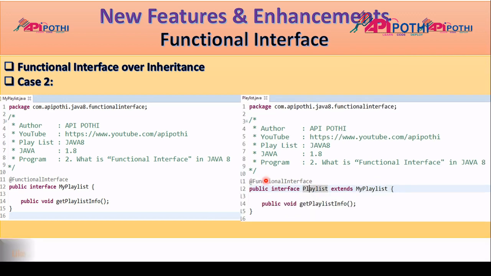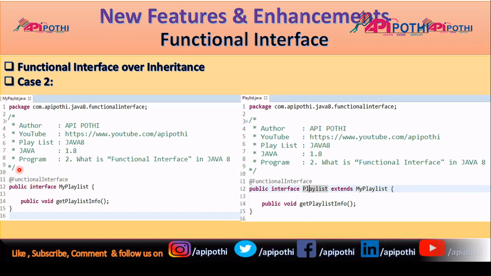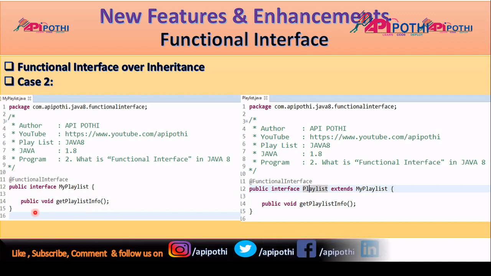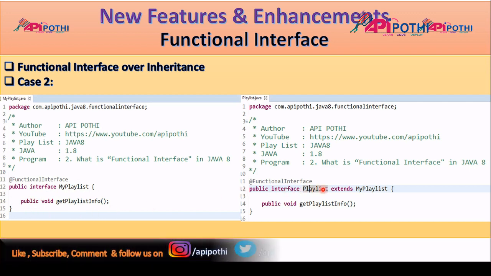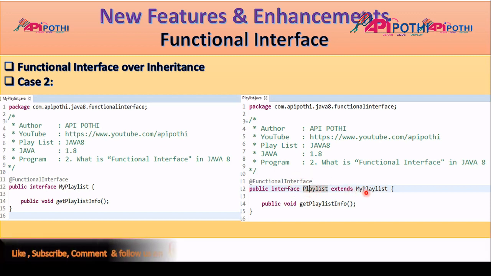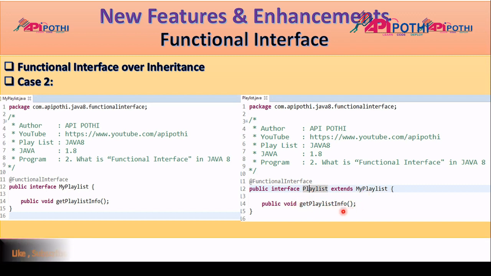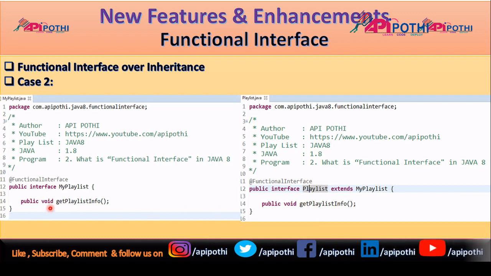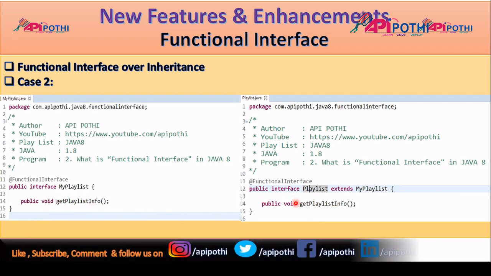Now case number 2. This is the functional interface. Obviously it is mapped with the @FunctionalInterface annotation, and internally also it has only one unimplemented method. Question number 2 is that this interface is also extending MyPlaylist, which is also perfectly fine, and it has the unimplemented method called getPlaylistInfo, and if you see here it has the same method getPlaylistInfo.